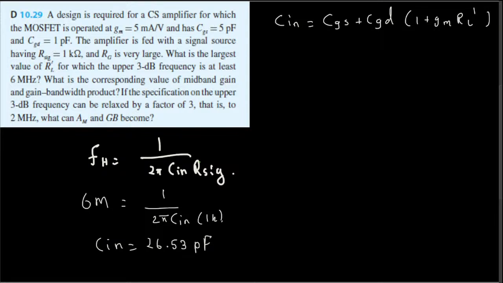Cin we just found, CGS is provided in the question, that's 5 picofarad. CGD is provided, that's 1 picofarad, and gm is also provided, that's 5 milliampere per volt. So we have all the information available except RL prime.